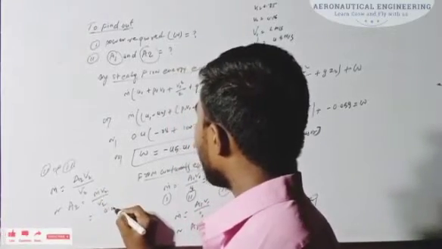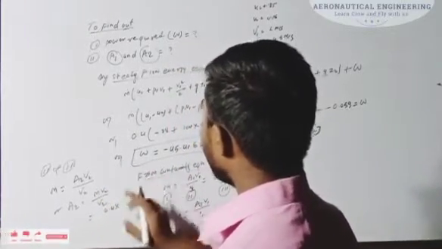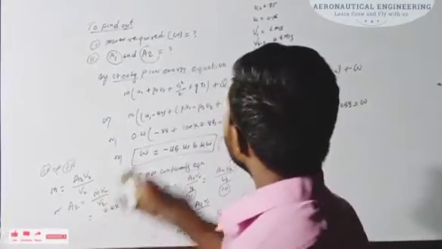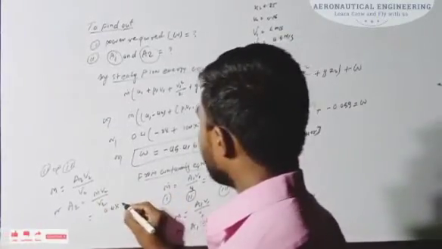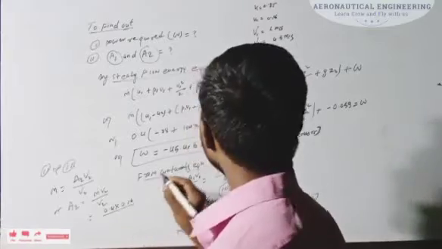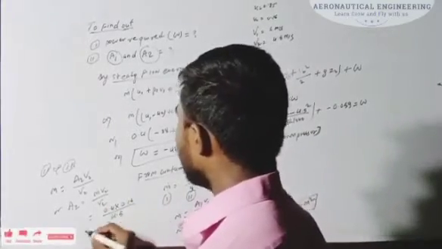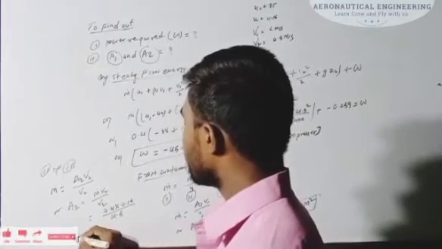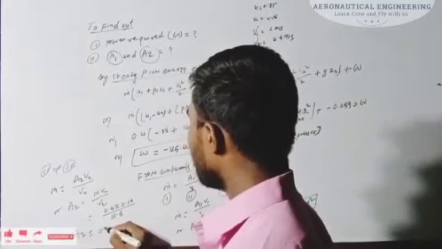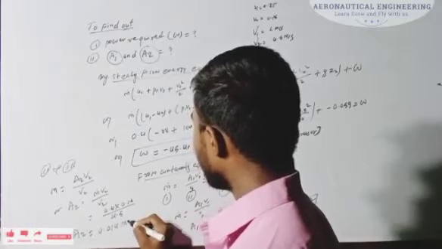The m dot value is 0.4, similar at inlet and outlet condition. Here v2 is volume, so volume is 0.16 upon V2, the velocity, 4.5. After solving this we get A2 equal to 0.014 meter square.